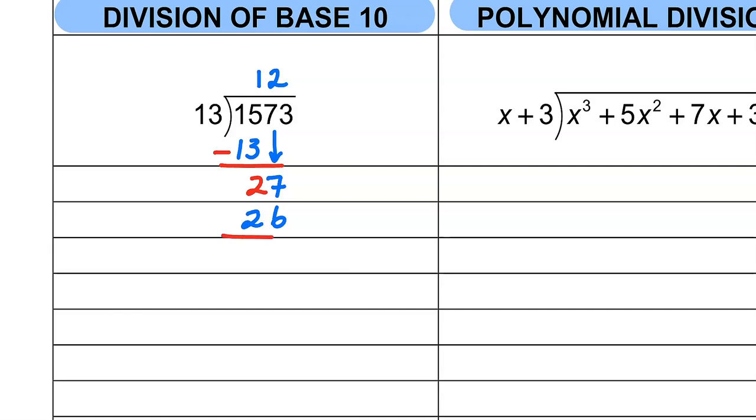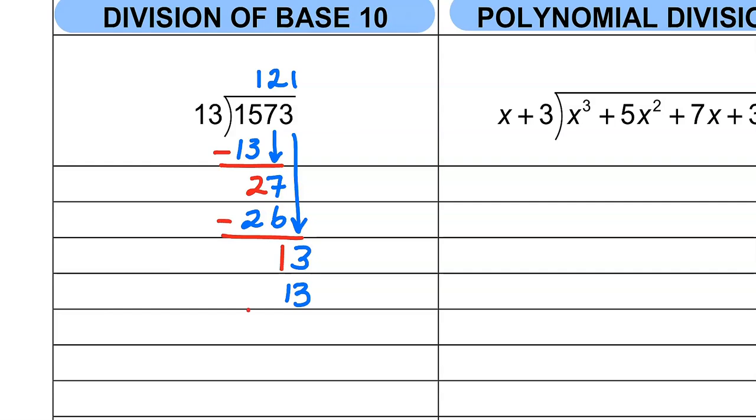Then I'm going to subtract those. So 7 minus 6 is 1. 2 minus 2 is 0. And then I bring down that one more term. And then 13 goes into 13 how many times? Now I'm repeating the process again. 1 time. 1 times 13 is 13, 1 times 3, 1 times 1.